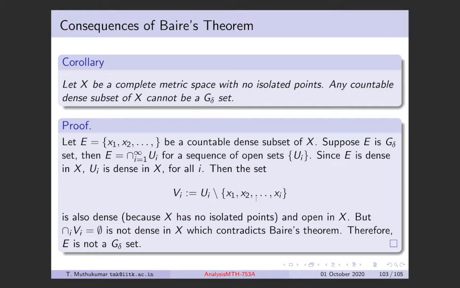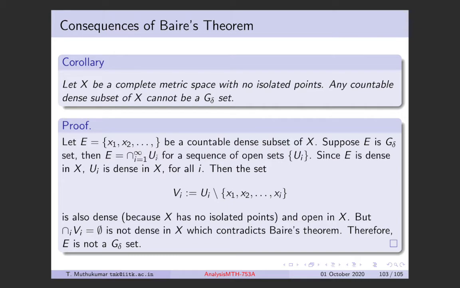That is where we have used the fact that X has no isolated points. So the points that are being removed are not isolated points. So V_i is also a dense subset and open in X, but the intersection of V_i is empty. Why? Because the intersection of V_i is precisely the intersection of U_i minus the union of all these points, which is E minus E. So this is actually empty.